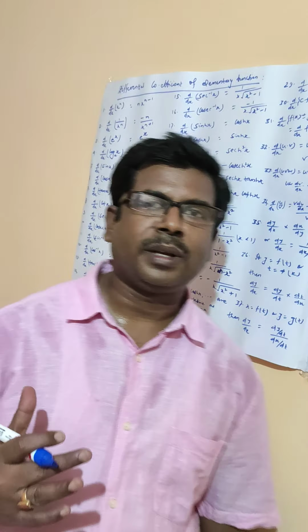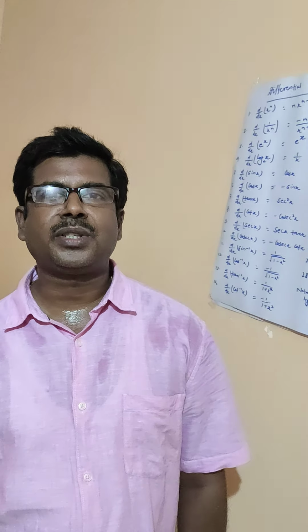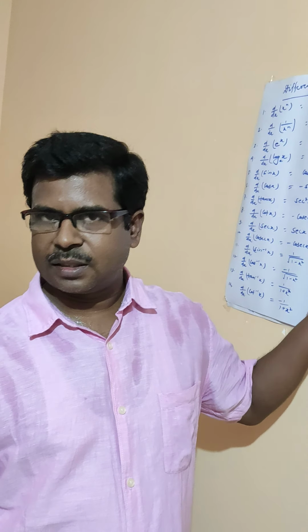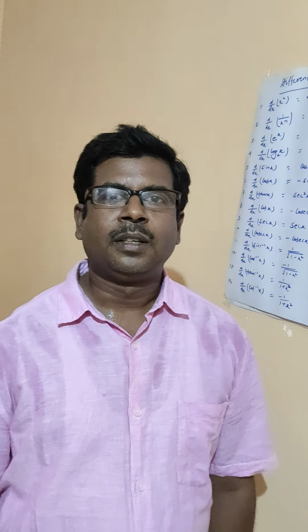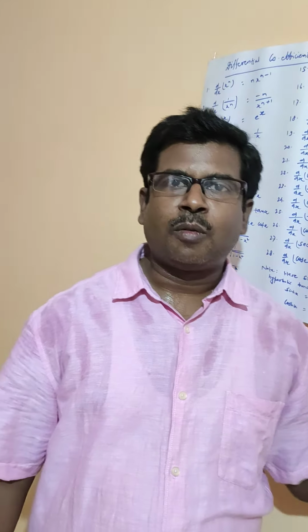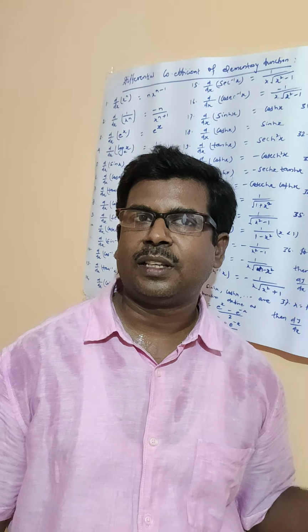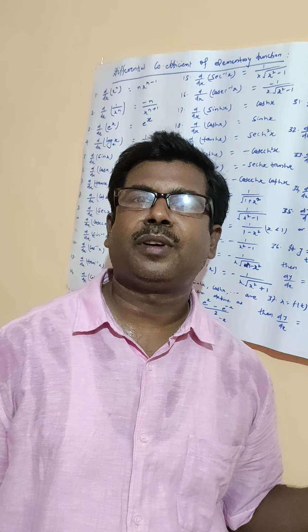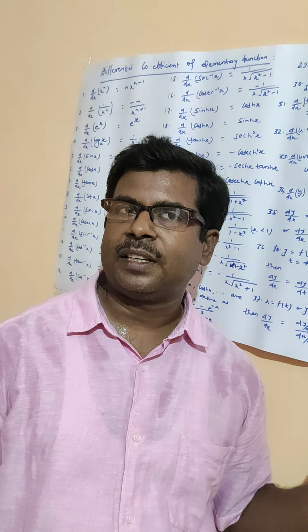This is the method by which we can find the differential coefficient using the standard results. So this is the method for how we can differentiate any elementary function by these results.